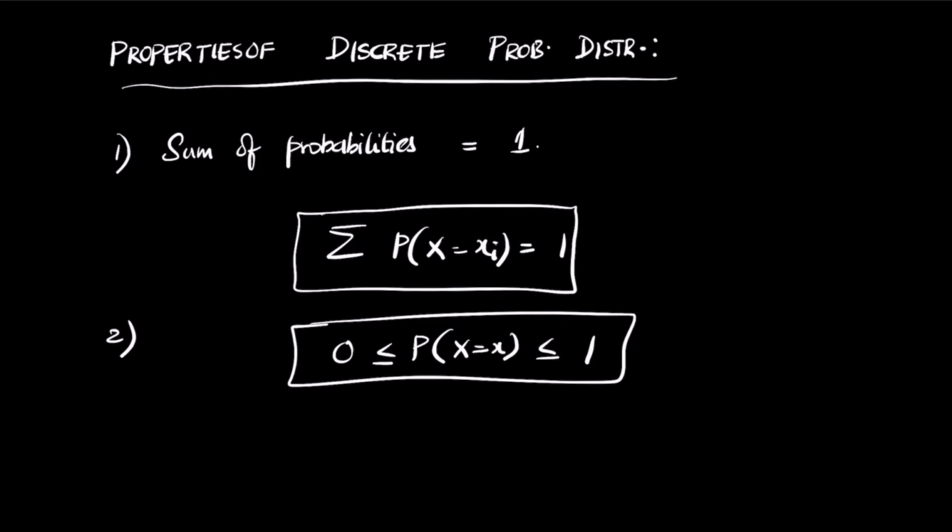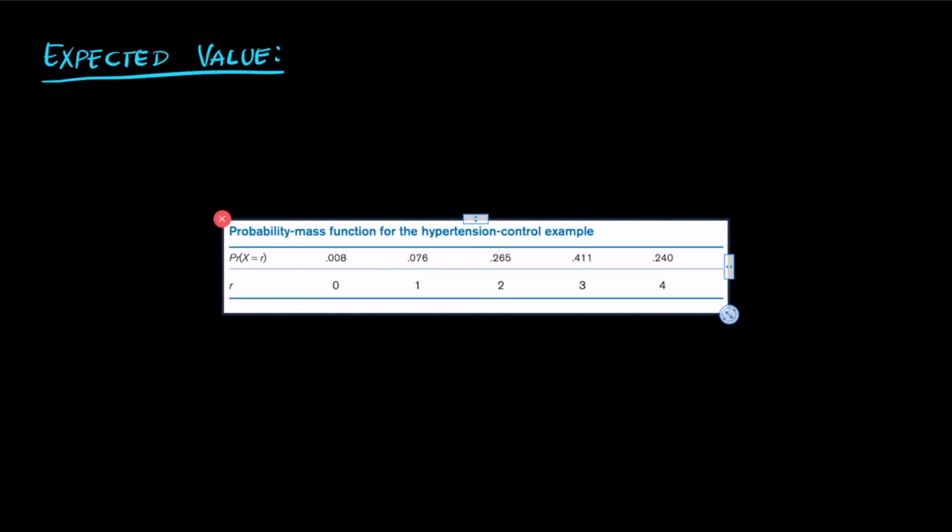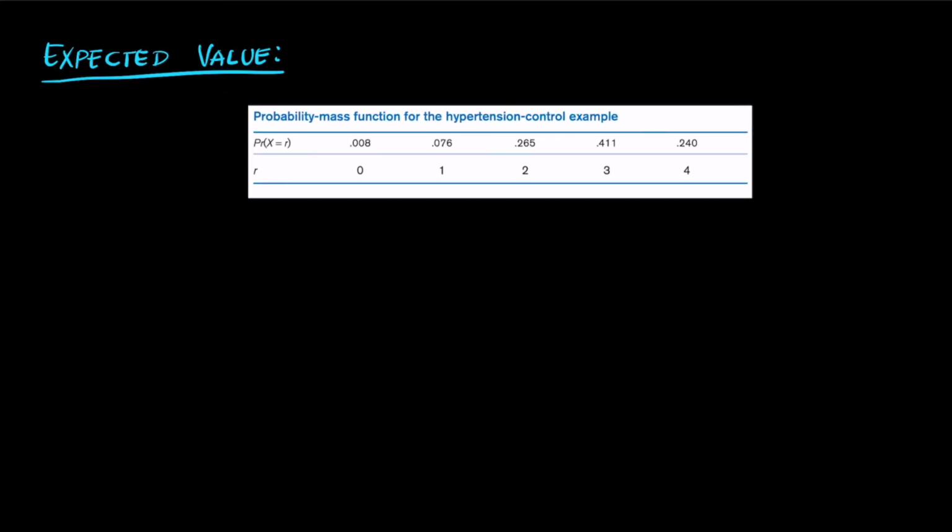Now this brings us to the next topic, which is the expected value. Let's take the first example that we took. In this example, how would you calculate the mean of the data?